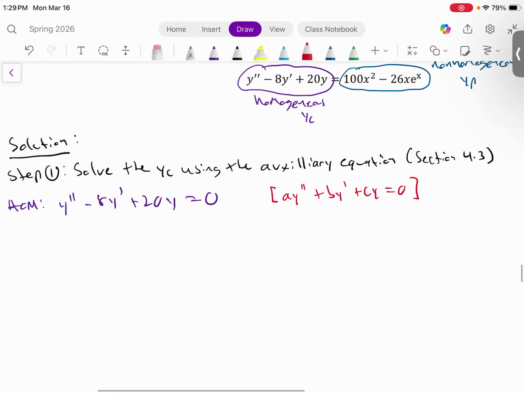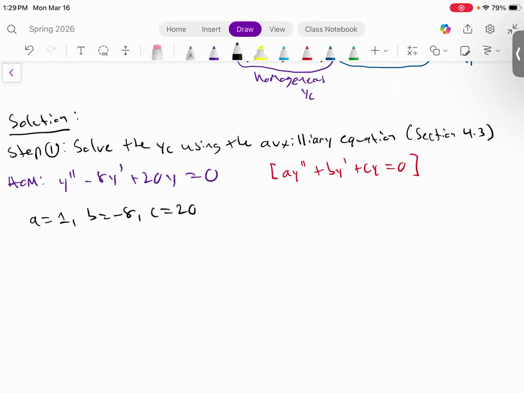So our components here are a equals 1, b equals -8, and c equals 20. When we build up our quadratic characteristic equation, it will be m squared minus 8m plus 20 equals 0.